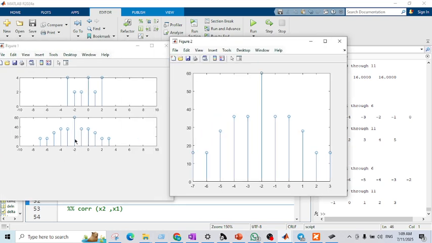So this is the cross correlation function using convolution. Let me see one value. At -1 it is 36, at 1 it is also 36. So these two signals are the same. So you can find the correlation using convolution, or you can use the built-in function.